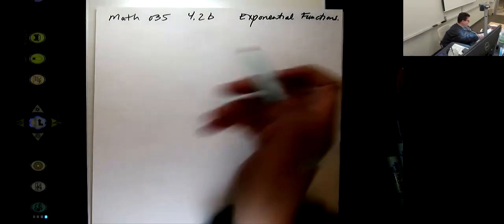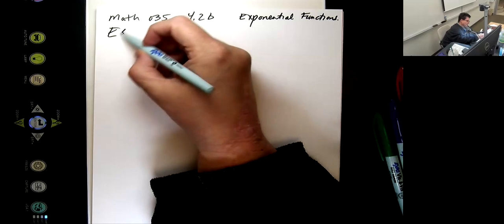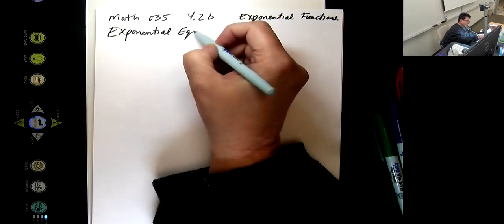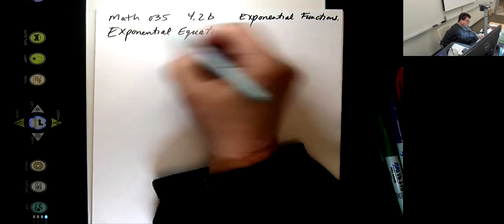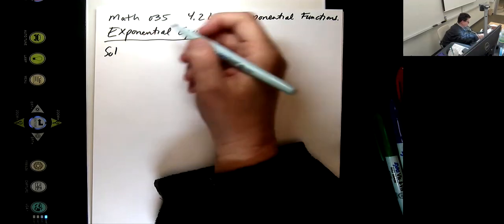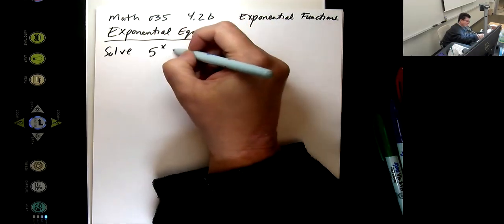I don't know why. All right, so example, exponential equations. Let's solve, I think we did this one. I'm going to return to it as a little primer of what we want to do.